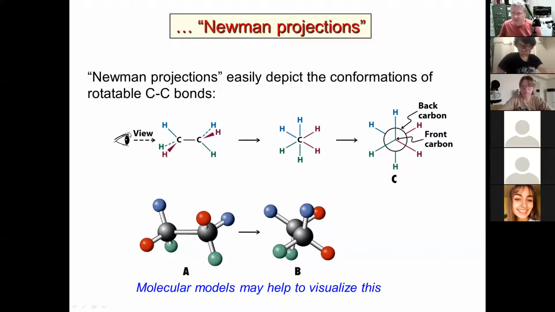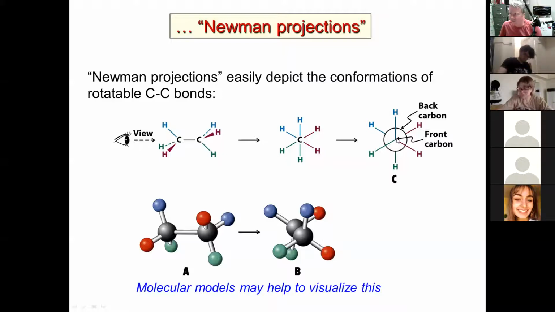We have a close carbon and we have a further carbon, right? And all the Newman projection is doing is allowing us to depict what we see. This is the Newman projection over here, right? What it looks like is three bonds diverging from a central point, and that is what we're calling the front carbon.